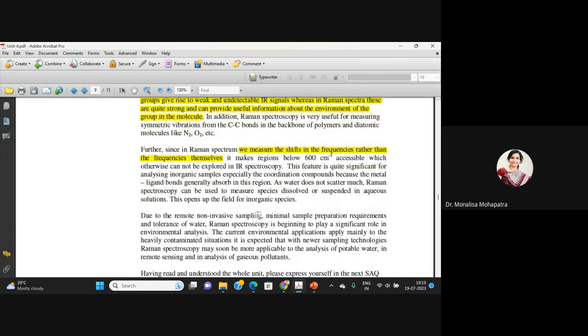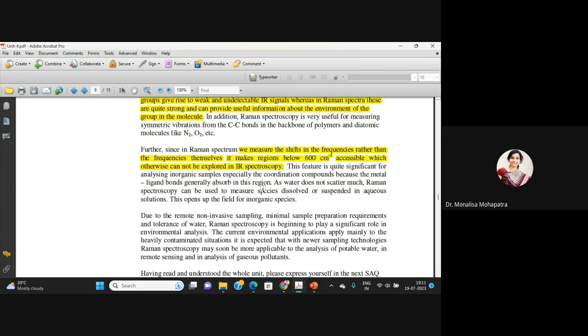Further, since in the Raman spectrum we measure the shifts in the frequencies rather than the frequencies themselves, it makes the region below 600 centimeter inverse accessible, which otherwise cannot be explored in IR spectroscopy. From spectroscopy to spectroscopy, the measurement technique varies depending on the molecular nature, and how well those molecules give a signal.